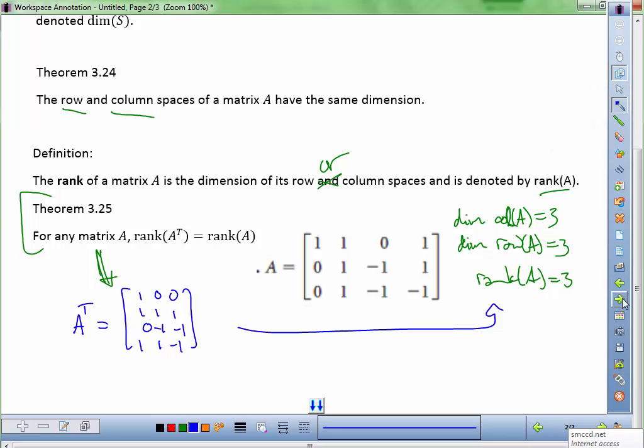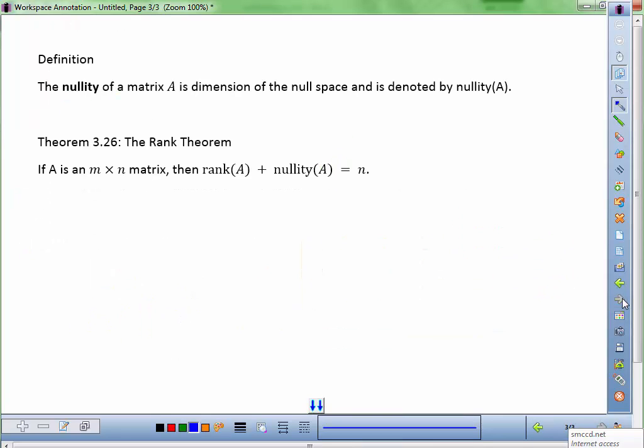There's one more page of theorems and definitions. The last thing we're going to talk about in this section is the nullity, which is the dimension of the null space. And so this is just being really meticulous with your notation.